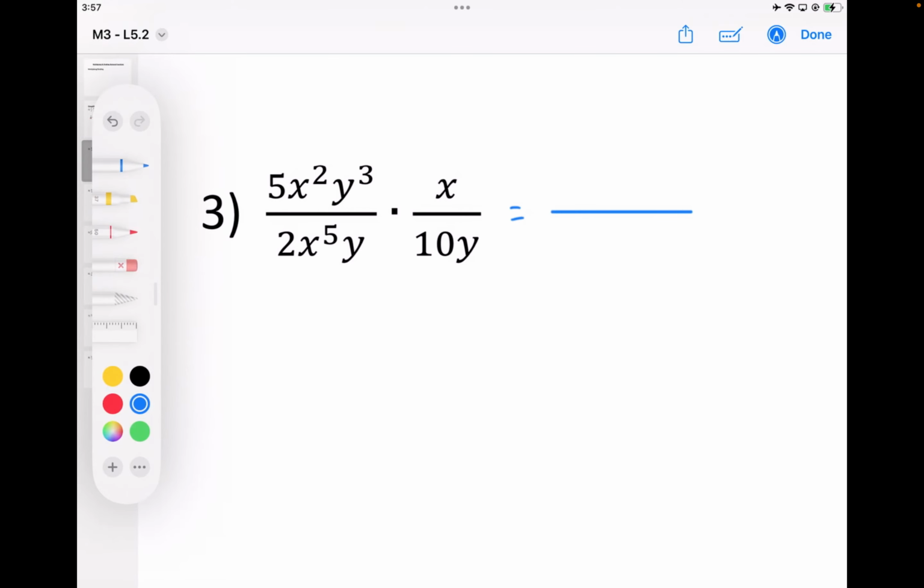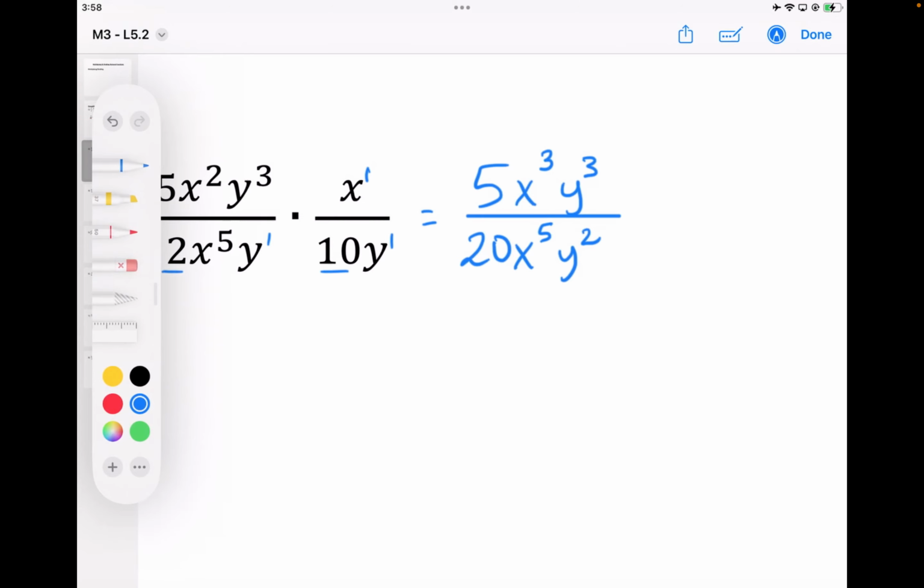So for this problem, if I just multiply straight across, there's an x to the first times x squared. So this would end up being 5x to the third, y to the third. And then the denominator, 2 times 10 is 20. And then we have x to the fifth. And then y times y is y squared, because we add those exponents.